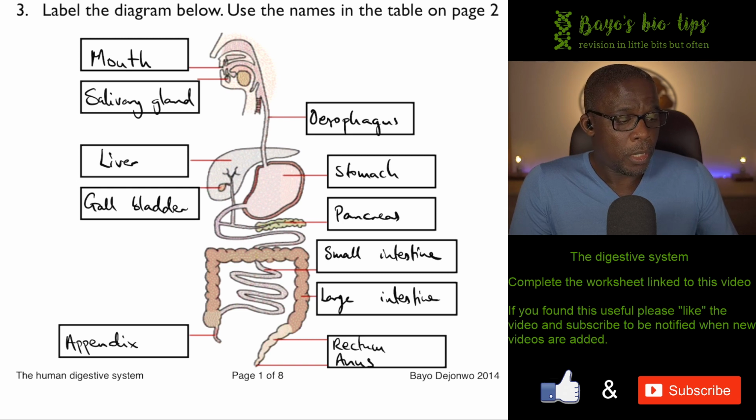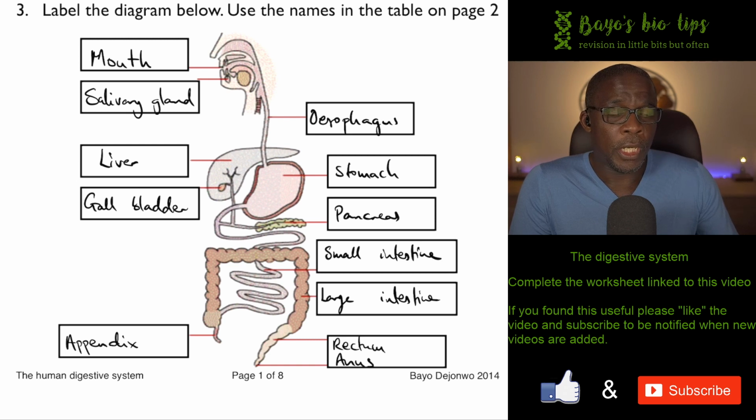And then whatever is left of the food which you haven't digested ends up in a muscular chamber called the rectum. The rectum stores feces for a length of time until it needs to be removed from the body through a ring of muscle, a sphincter called the anus.